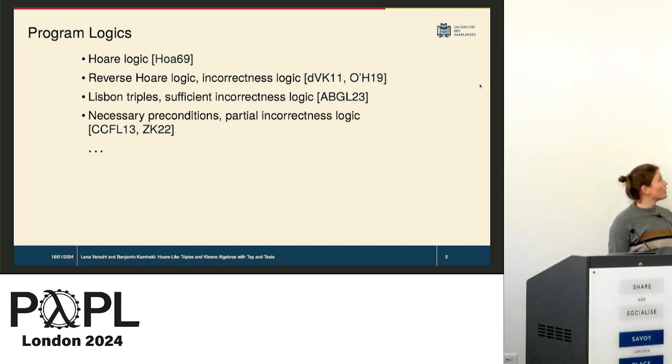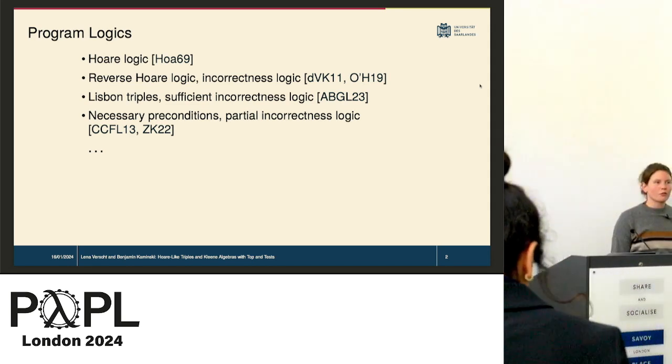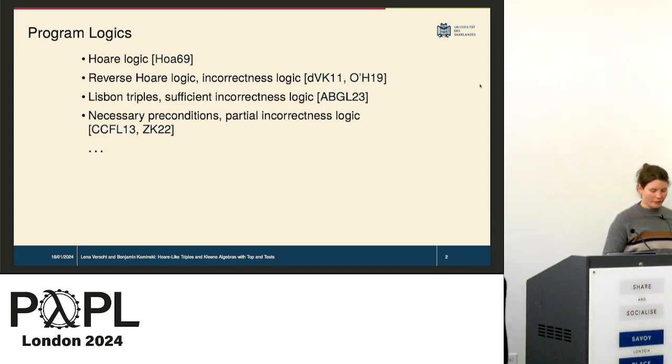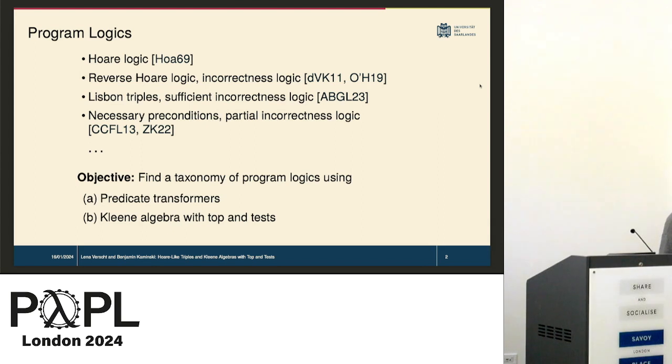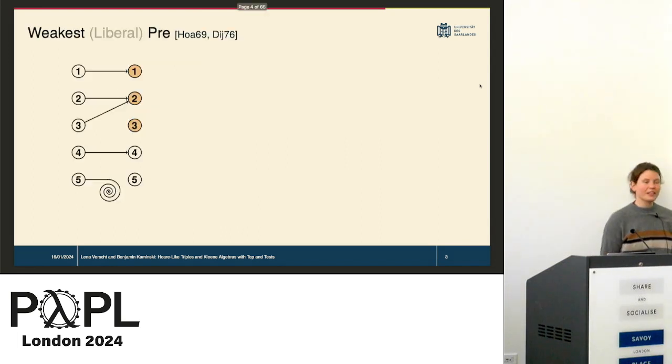And the objective of this talk now is to build a taxonomy of program logics from the perspective of predicate transformers and Kleene algebra with top and tests. So we will try to build a picture such that we can fit all of these logics in. And let's start with discussing some program logics.